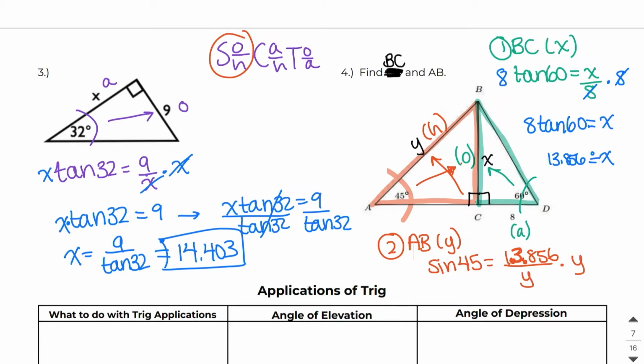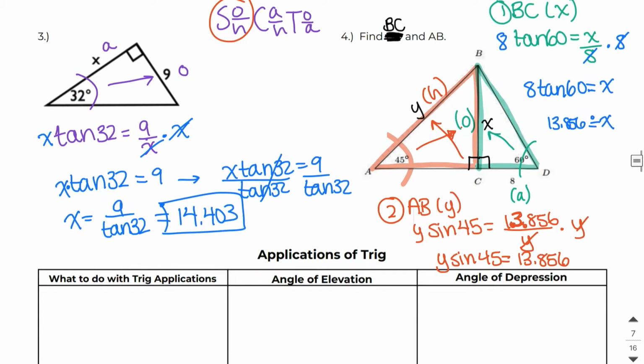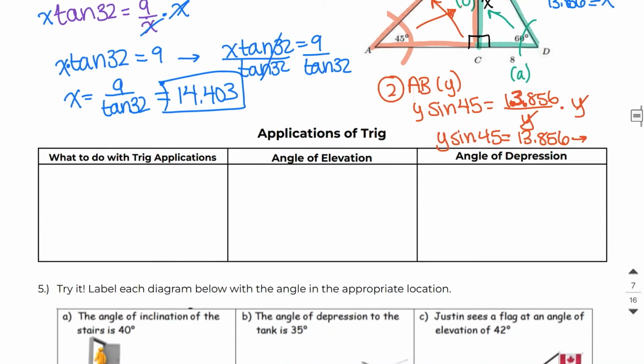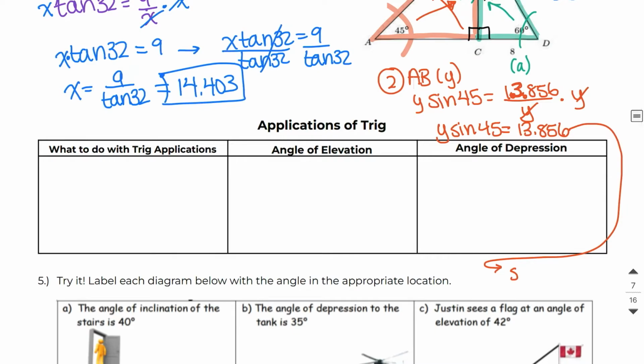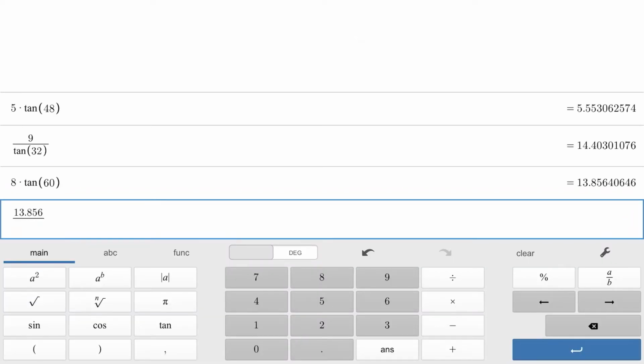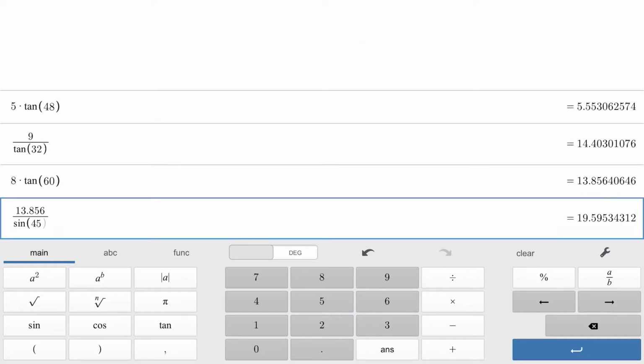To solve, we have to multiply both sides by y. So I get y sine of 45 is equal to 13.856. And I apologize, we're going to have to squeeze this in somewhere. Why don't we bring this down here? So here we can say that y is going to be equal to 13.856 divided by sine of 45, which is approximately 19.595.